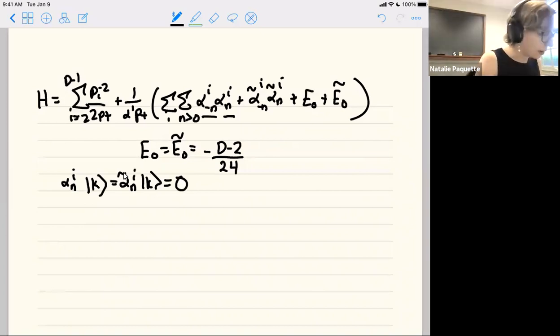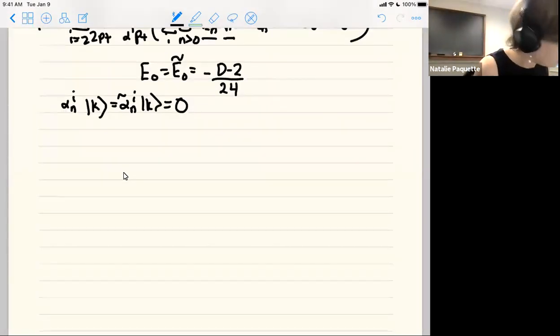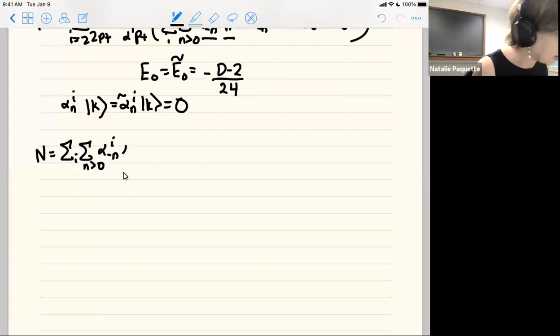Let me also, before I do that, mention one thing briefly and introduce a little bit of notation, which is that it's convenient to define these oscillator numbers, which you've probably already seen in the context of the harmonic oscillator.